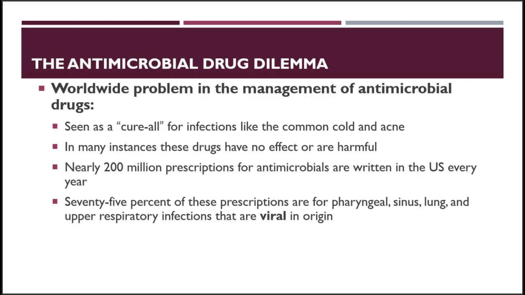75% of those 200 million prescriptions are for pharyngeal, sinus, lung, and upper respiratory infections that are caused by viruses. We know viruses are not affected by antibiotics. So we're exposing the normal organisms found in our body to these antibiotics. And over time, those organisms may develop a tolerance.